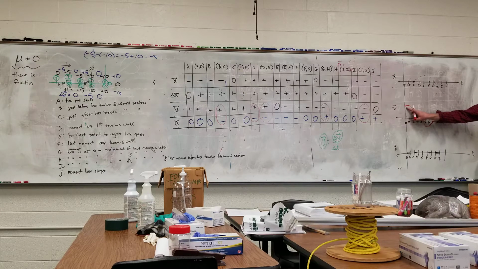My acceleration is 0 here, since that's a flat line. Here my acceleration is negative, so it should be negative here. I know I have to get back to 0. Here my acceleration is negative. Here my acceleration is positive because my slope is positive. And here my slope is positive.